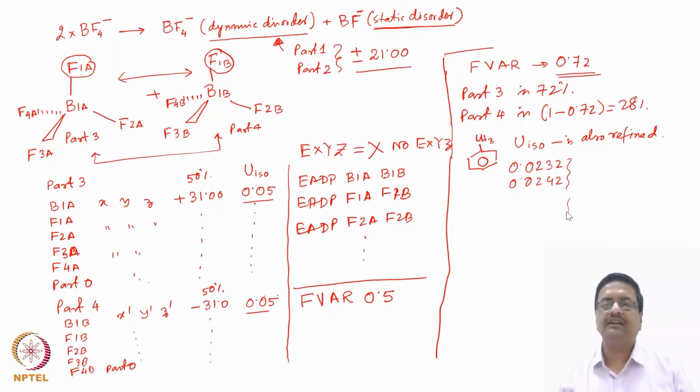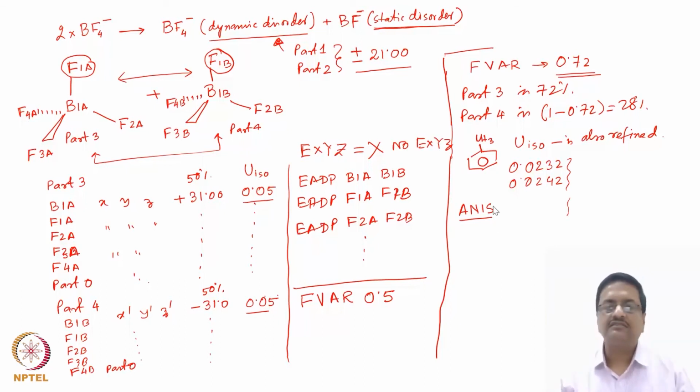So once the refinement has converged, then we should of course do anisotropic refinement by incorporating the command ANIS in your INS file, or if you are using OLEX2, you can simply click on the ellipsoid button.